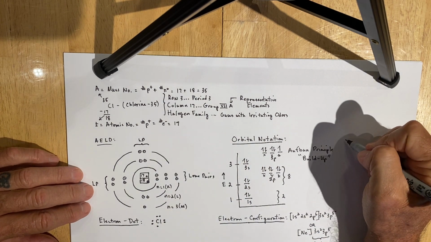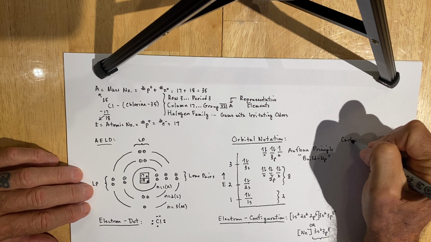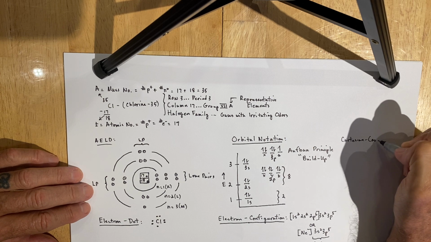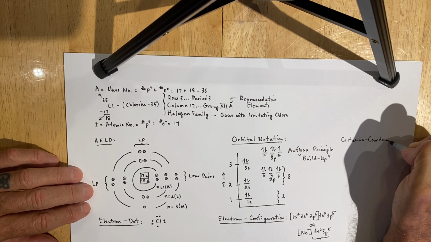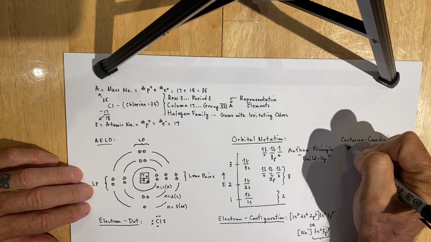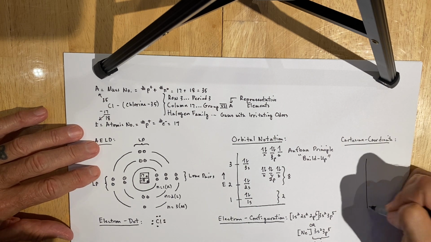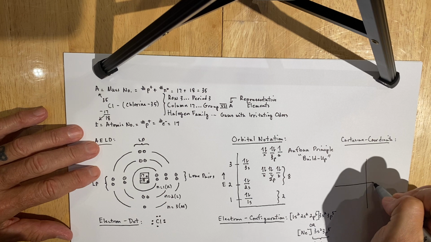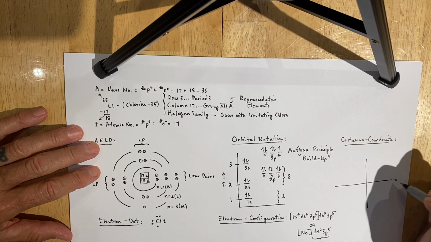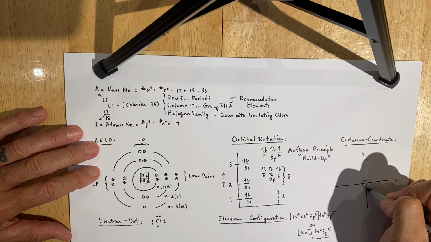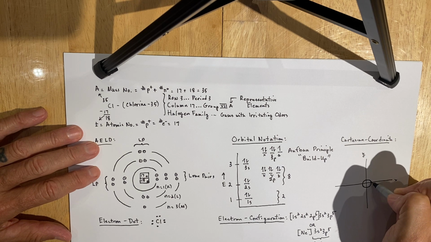And last but not least, I want you to represent the Cartesian coordinate system representation, which consists of the xy plane, and in essence, we represent the first 2 electrons on the 1s orbital.